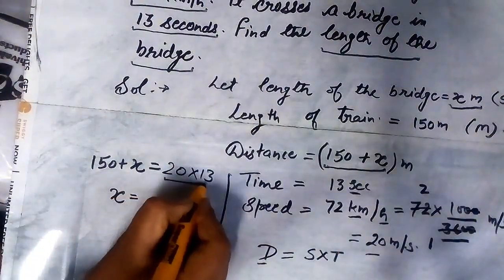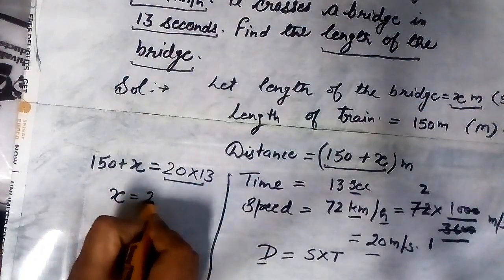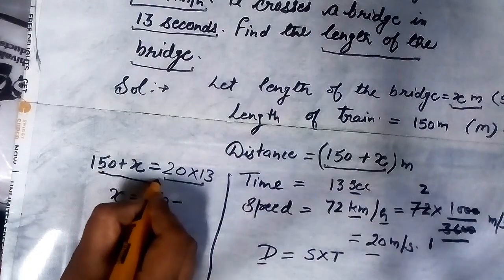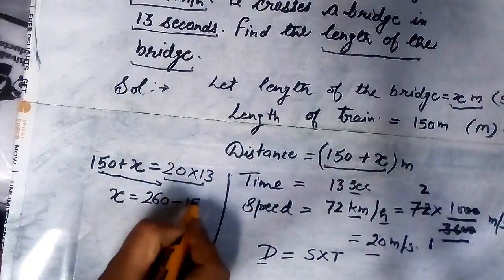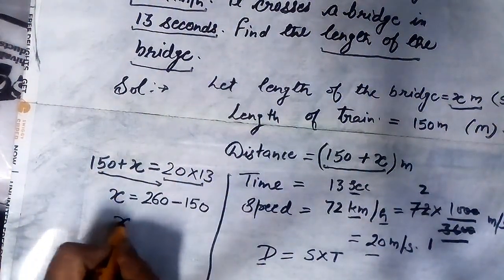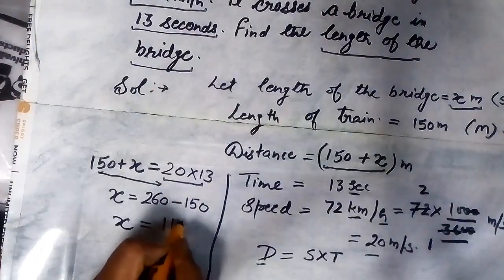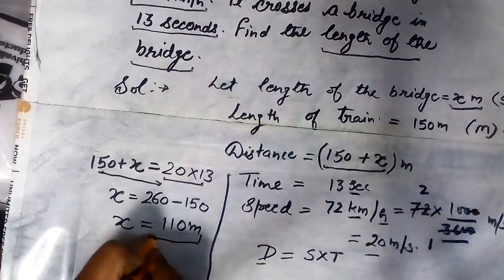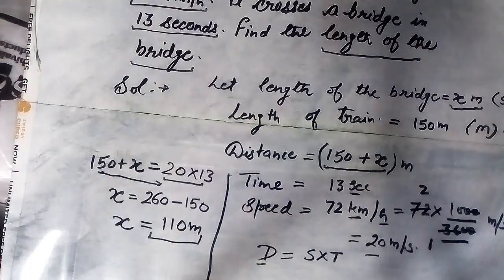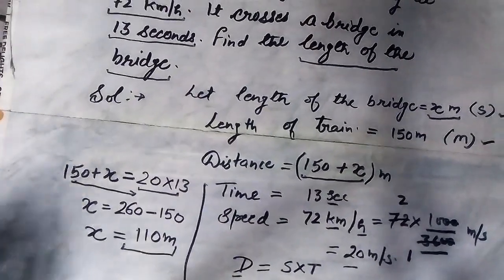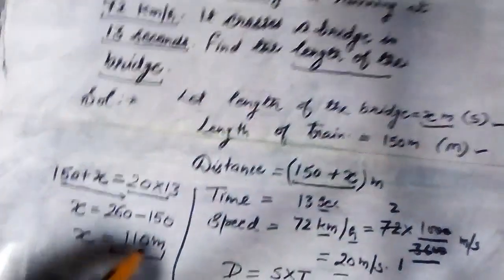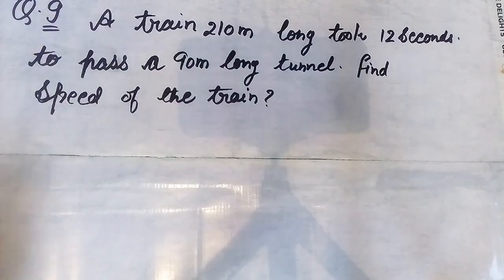Simplify it. x will be equal to 20 into 13 is 260, and take 150 to the right side, it will become negative, and this is equal to 110 meter. This is the length of the bridge. Hence you can write length of the bridge equals 110 meter.